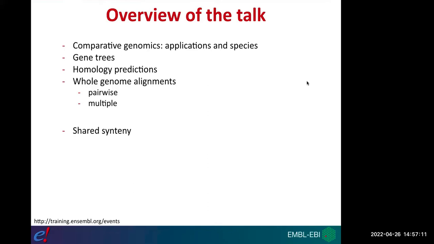These two areas cover the comparative genomics analyses that are gene-centric, where we compare the genes and the transcripts that have been annotated from one species to another. And then in the second part of this module, we're going to look at whole genome alignments. This is where we forget about the genes and transcripts for a moment, and look at the alignments of the genome sequences, so the sequence-centric analyses.